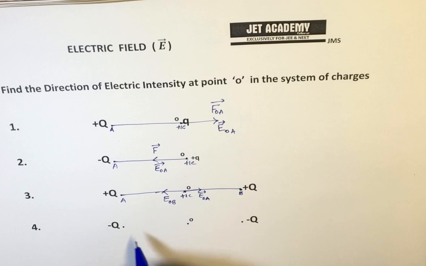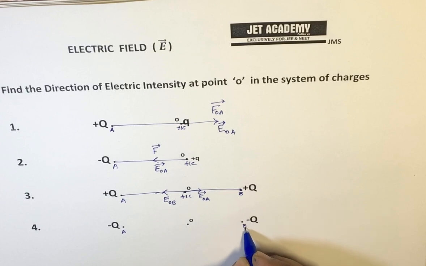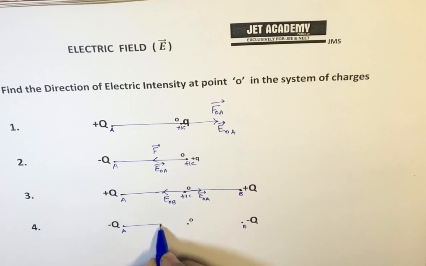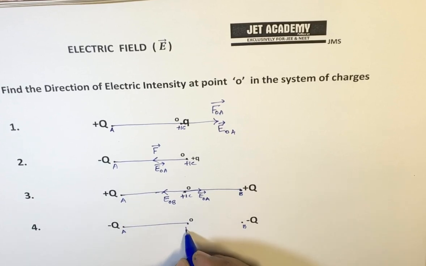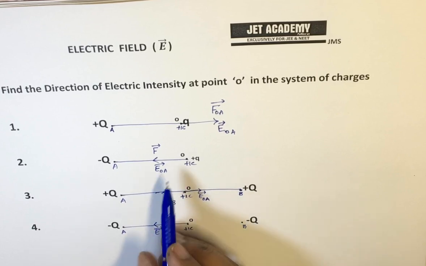Similarly, at this point there is no name, therefore first give the names A, B. This plus 1C is going to be attracted. This is the electric intensity, the force direction. I am not writing the F now.